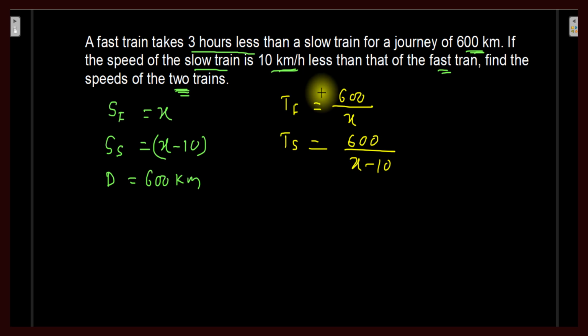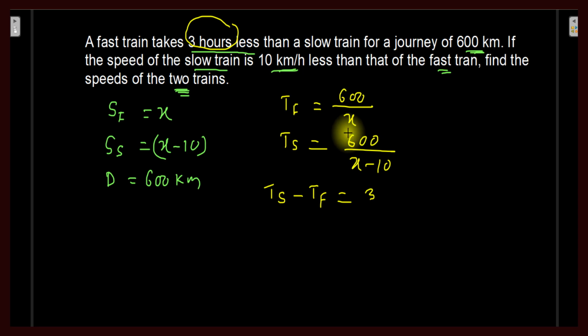And it is given that the difference between the two timings is 3 hours. The time taken by the slow train is more than the time taken by the fast train, and therefore we can write the equation as Ts minus Tf is equal to 3 hours.